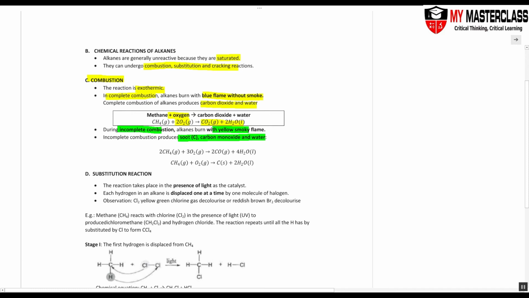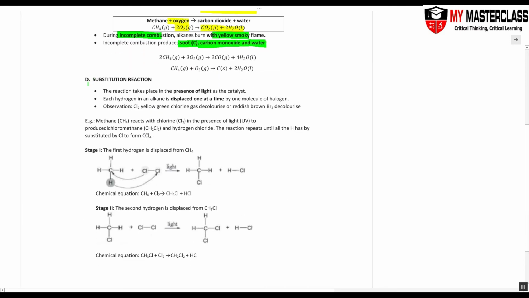It's carbon not burning completely. Carbon monoxide, CO, has one oxygen. Instead of becoming CO2, it becomes CO. Likewise, the combustion reaction is applicable to all your homologous series: alkane, alkene, alcohol, etc.